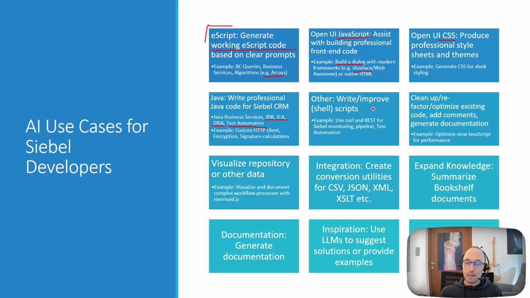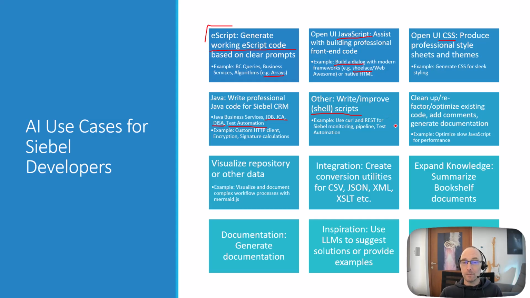So what other types of code do you write as a Siebel developer? Well, you will maybe type or write the occasional shell script on the terminal. For example, you work with the Siebel REST API and you want to test that, probably using something like curl, or you want to do some quick testing beyond Siebel test automation, or you haven't set it up, monitoring, reading log files.